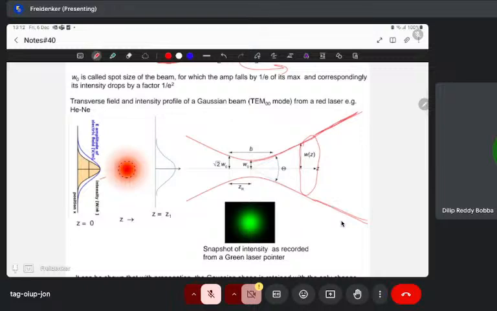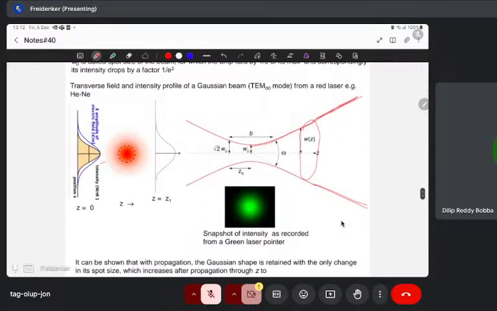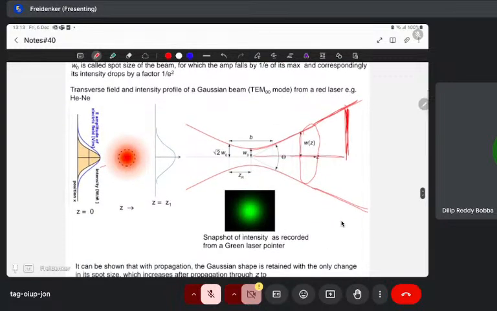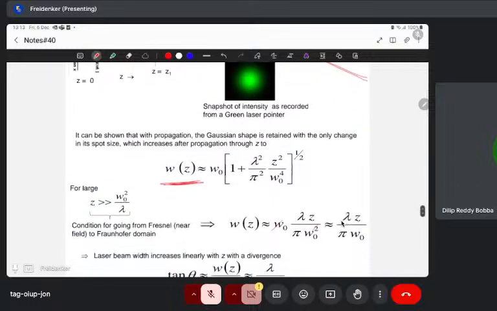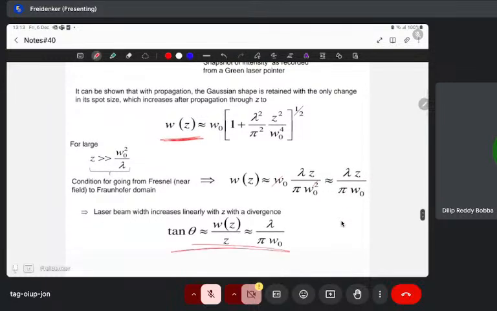Tan theta. Tan theta is what? This is the width size, the beam size, and this is the z. So approximately tan theta is approximately width by z. That is what they wrote here.